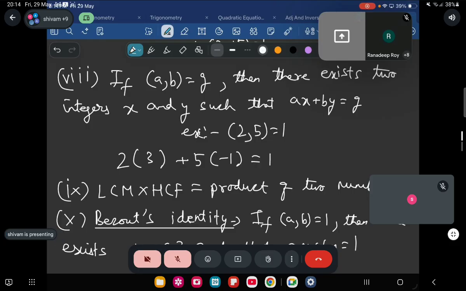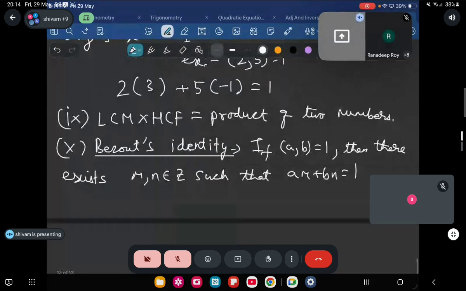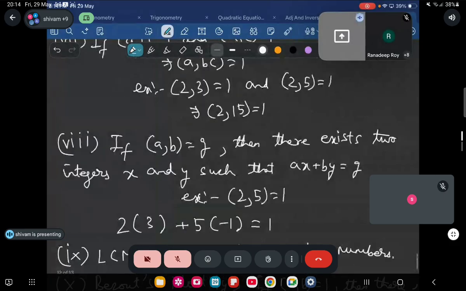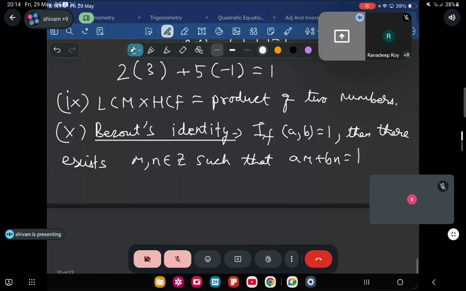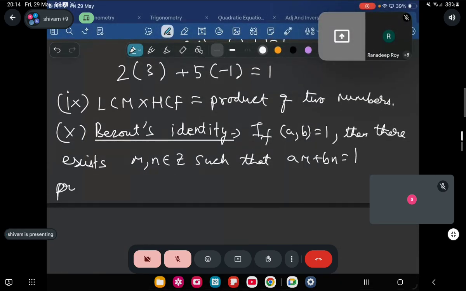But I'm proving Bezout's identity. Basically, I'm going to prove part 8. Part 10 you can prove by yourself. If you understand the proof of 8, you can understand the proof of 10 as well.